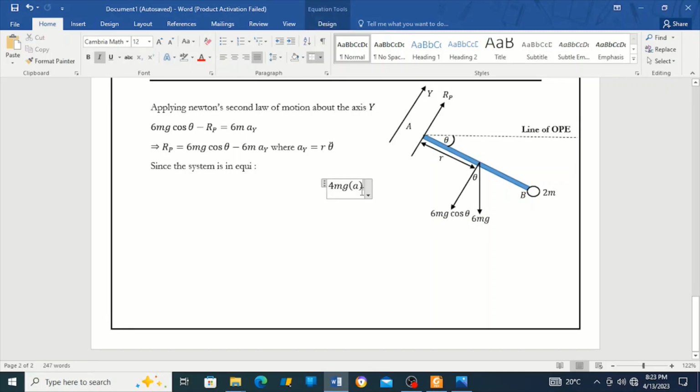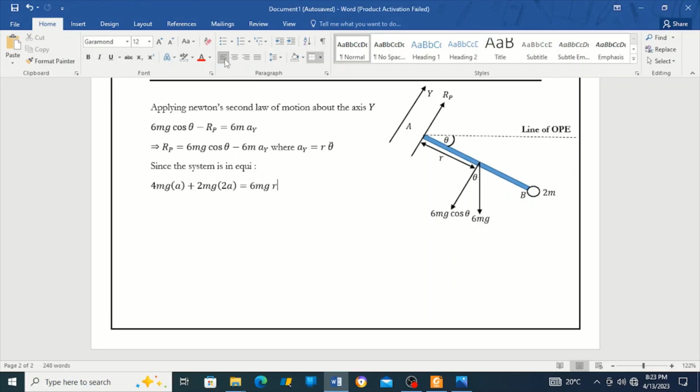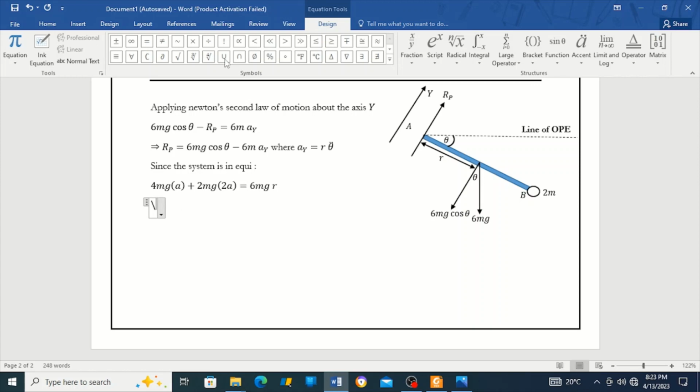So we have 4mg times a, plus that of the particle, which is 2mg times its perpendicular distance, 2a. Then we equate it to the weight of the system, 6mg, times its perpendicular distance, which is r.